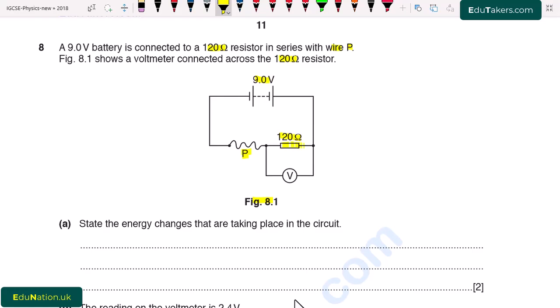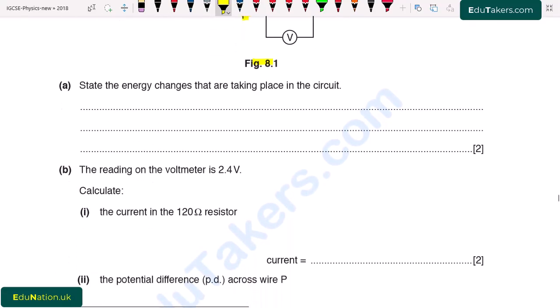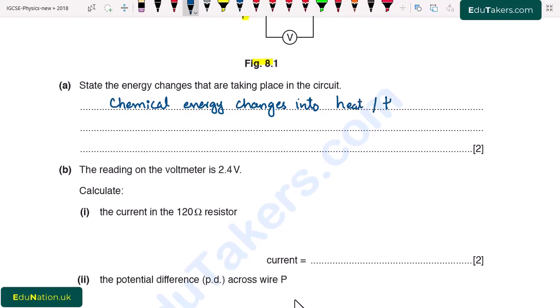So we simply say that the chemical energy changes into thermal energy. I write here chemical energy changes into heat or thermal energy.